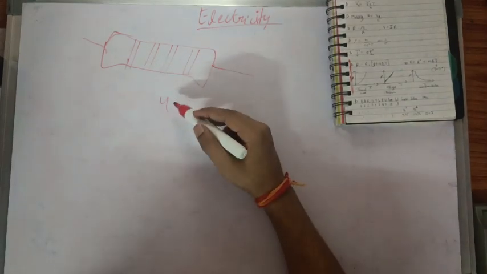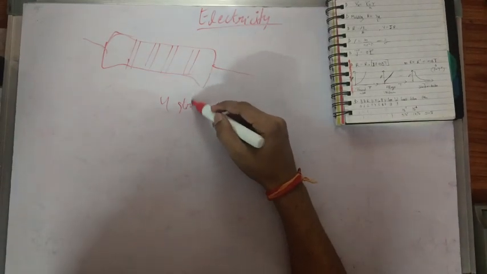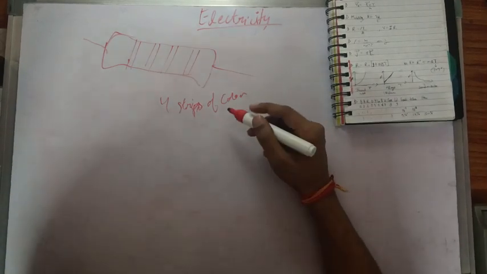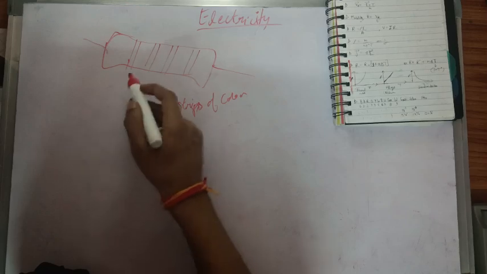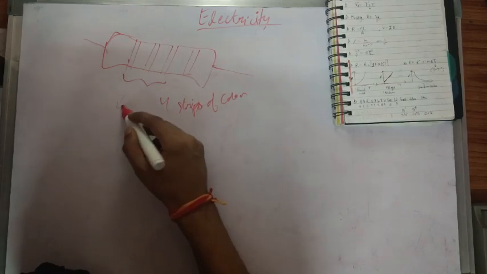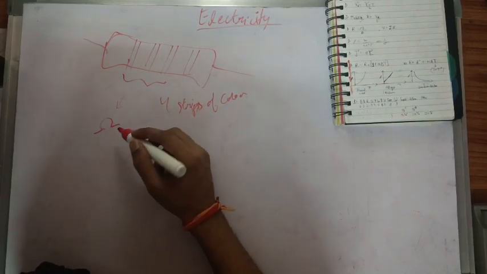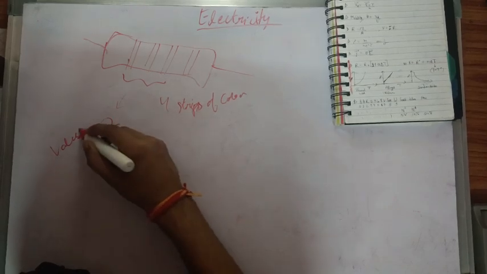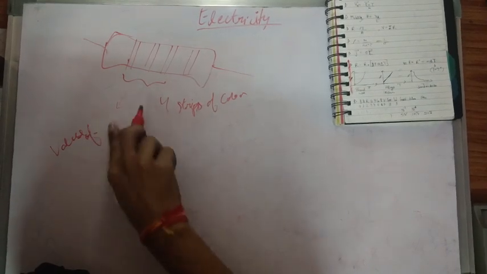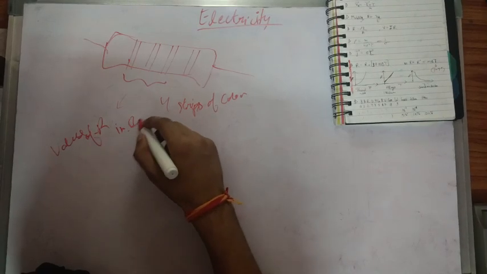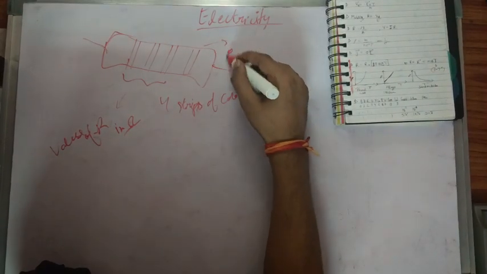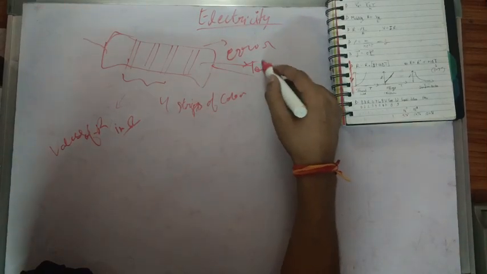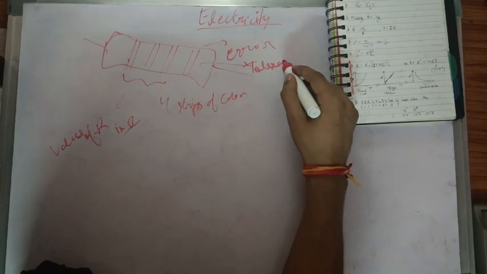There are four strips of color, and the first three strips tell the resistance value in ohm, and the last one tells the error. This error is called tolerance.